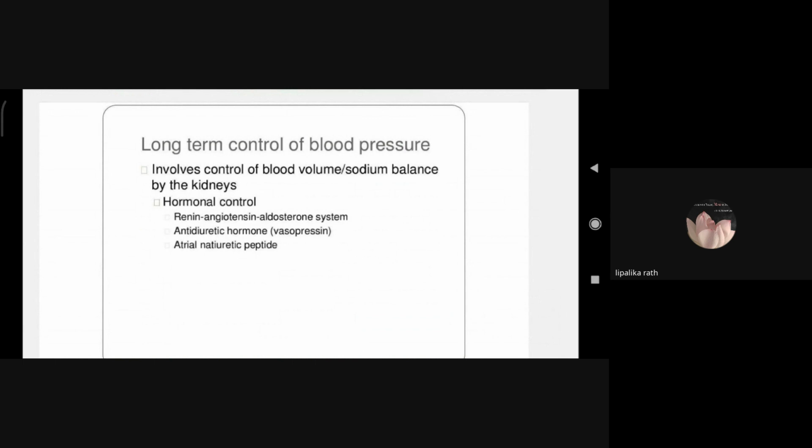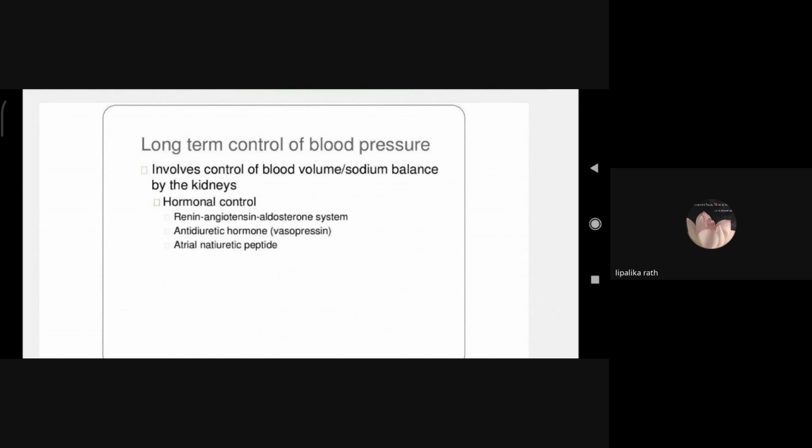We have already discussed in earlier classes that the kidney releases renin, which regulates blood pressure. So when renin is released, it stimulates angiotensin to release. So angiotensin 1, angiotensin 2, then the aldosterone system, they control blood pressure.